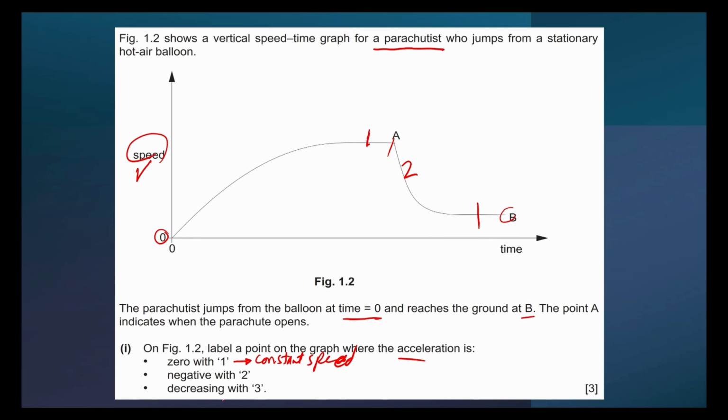The acceleration is decreasing. The acceleration decreases when the gradient of the graph decreases, and it decreases at this curve. This means we can label this 3.